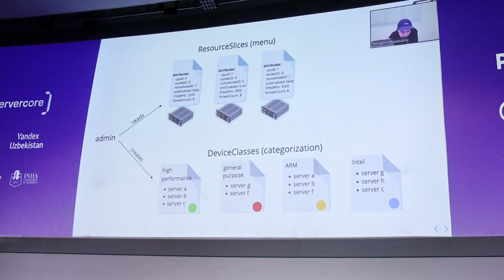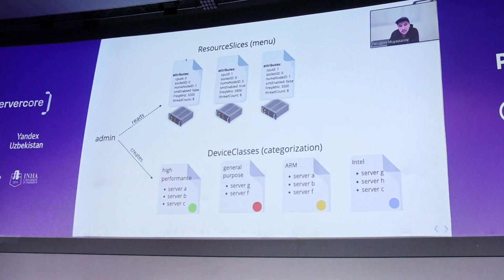Device classes are basically a categorization of the resources that you have. Let's say a cluster admin, not the DevOps team, can create different variations of device classes and try to match the nodes that have something in common.